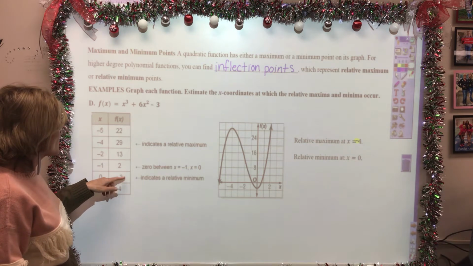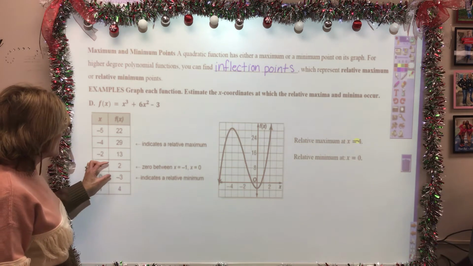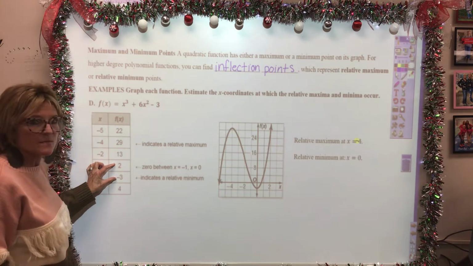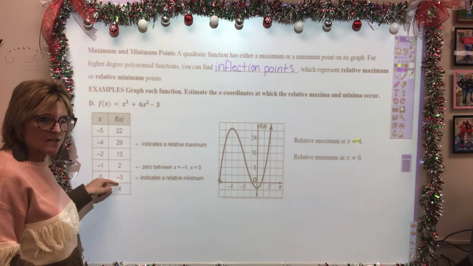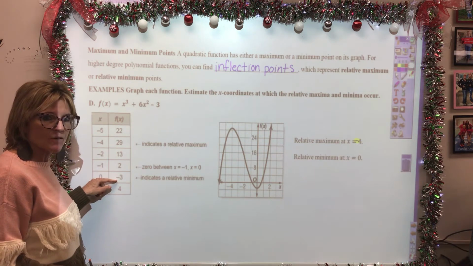It also shows us that there's a 0 between these two values, and that is because the sign changes. The f of x sign changes, so that means a 0 has occurred.